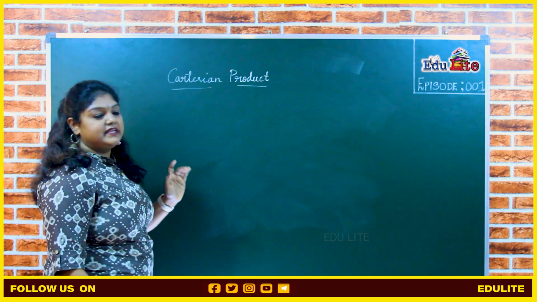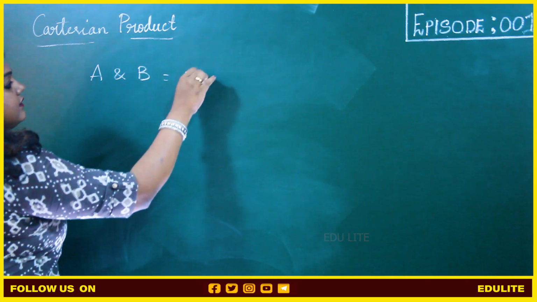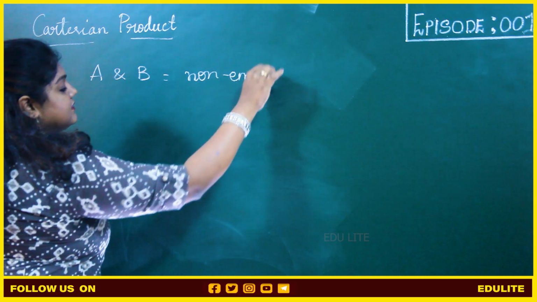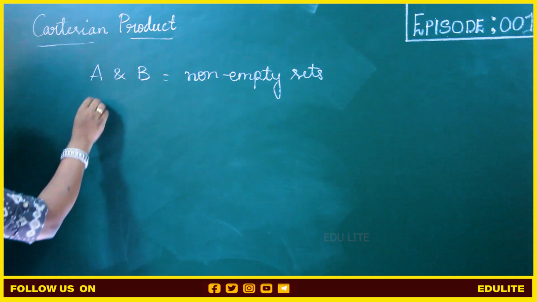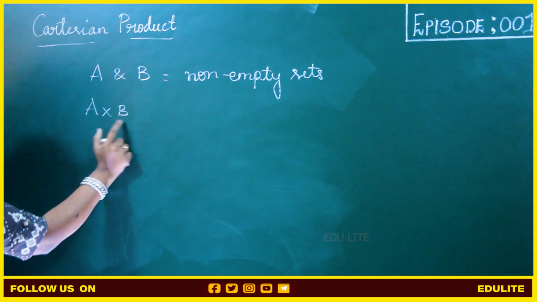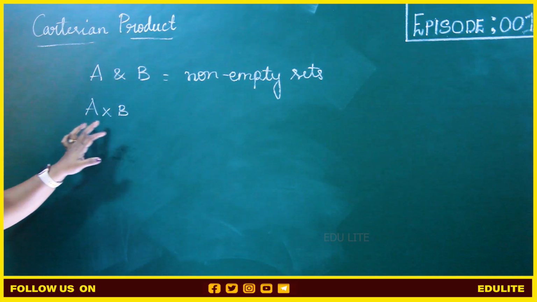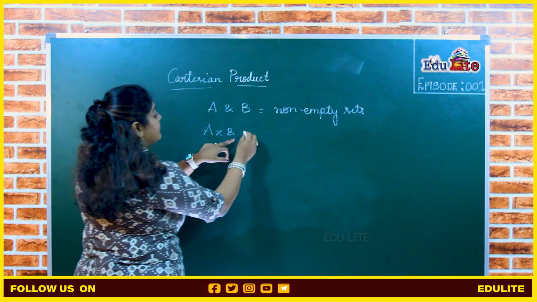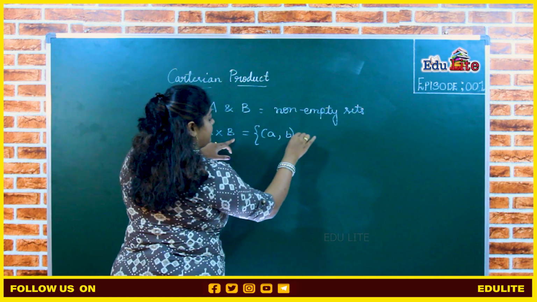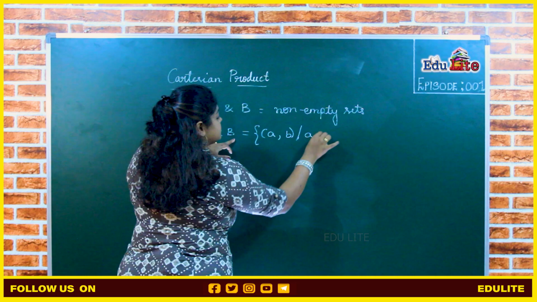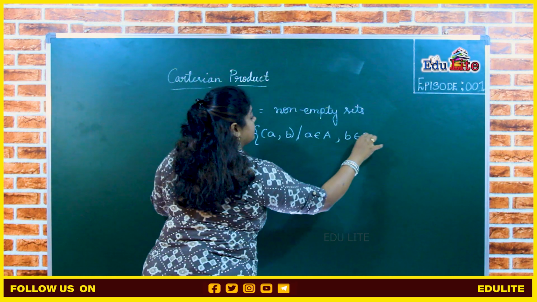We'll take two non-empty sets, A and B. These both are non-empty sets, and the Cartesian product is denoted as A cross B. This should be pronounced as A cross B. So, A and B must be non-empty sets, and A cross B can be written as the set of ordered pairs (a, b), such that a is from capital A and b is from capital B.